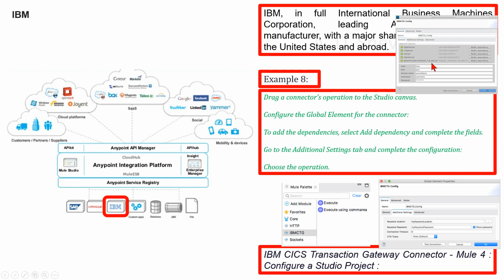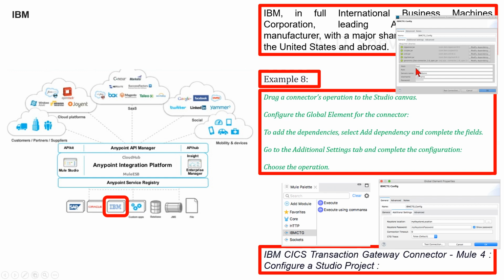Note: use the jar files that come bundled with the installation of the CTG server instead of downloading the SDK zip from IBM's website, to ensure the compatibility between the connector and the CTG system.